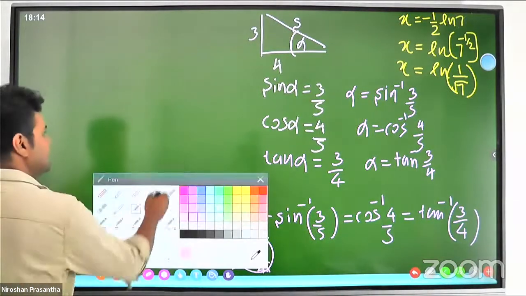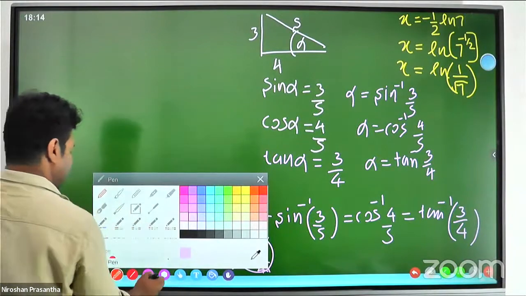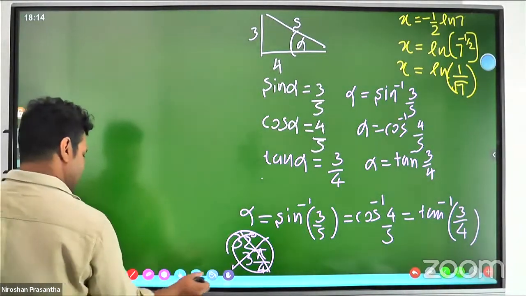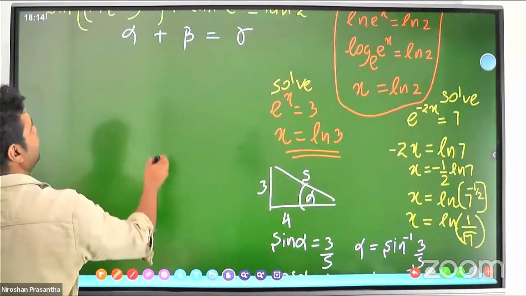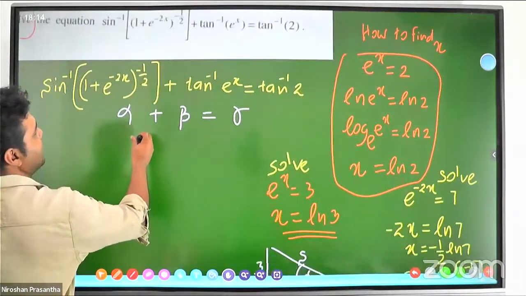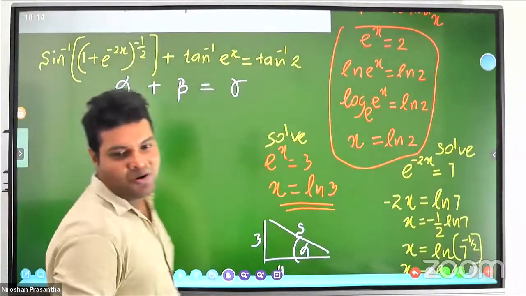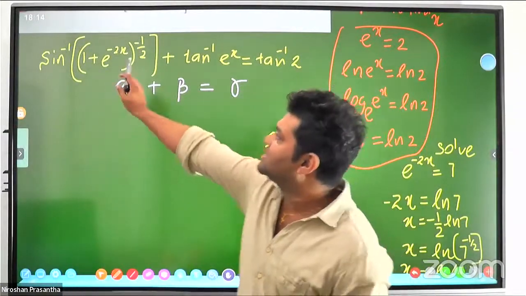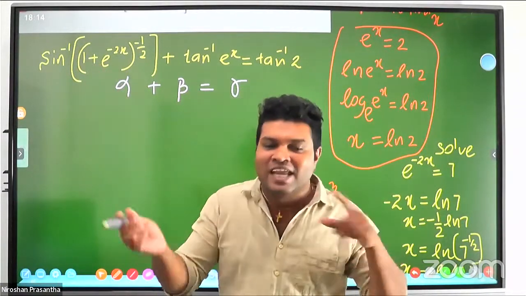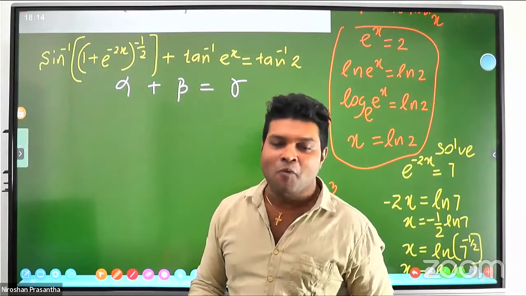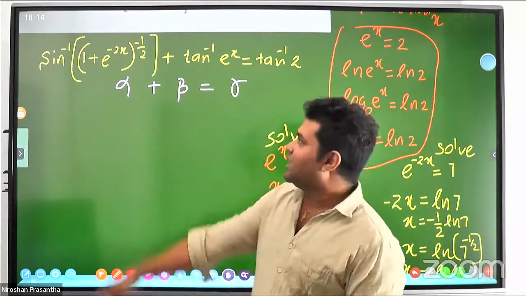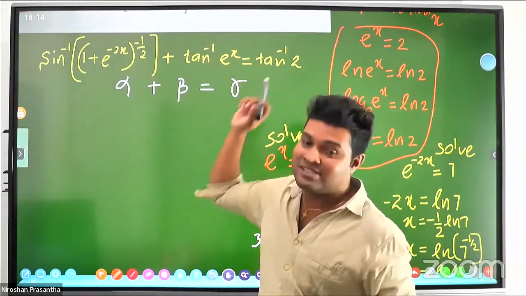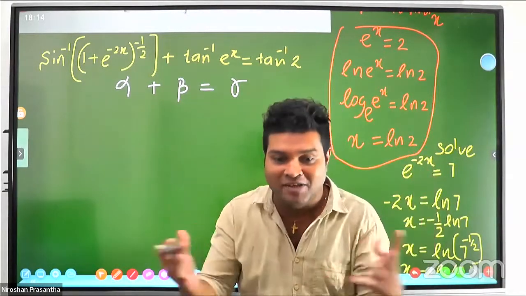Now listen to me. Looking at this equation, we can write this sine inverse connection in terms of tan inverse. Why am I thinking like that? Because on the right hand side you have tan inverse, and it is very beneficial if you have tan inverse on both sides.